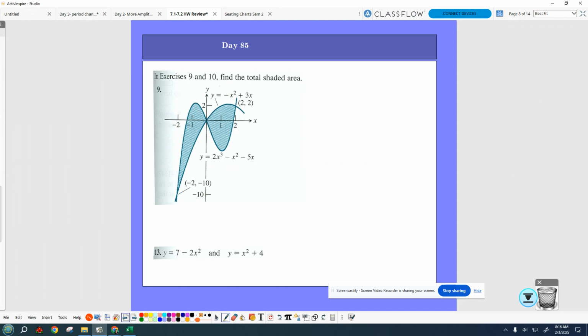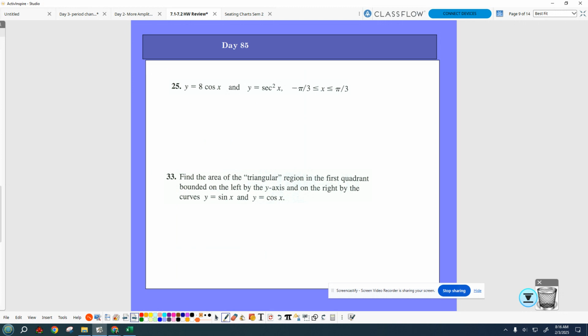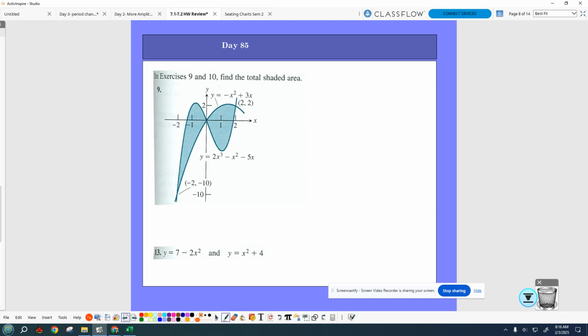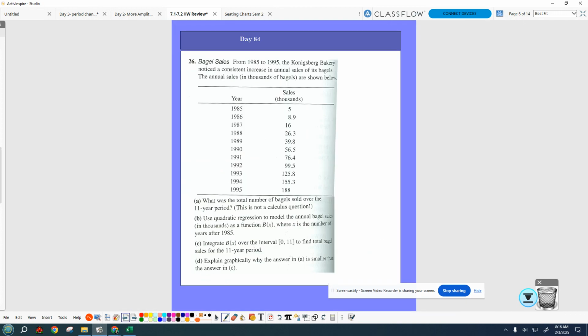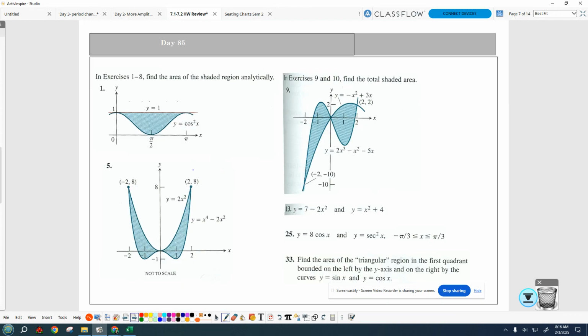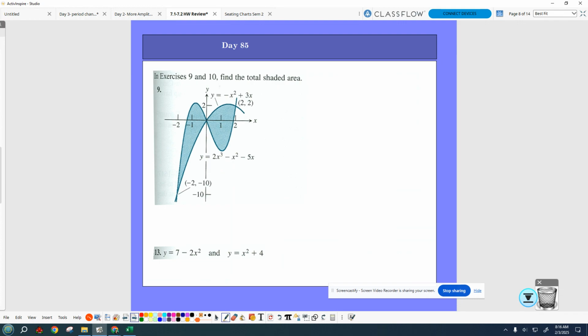This one is just tedious, but it's doable. Yes, Amelia. 27 from 85. Okay, I don't have it up here, so it makes me think 27 was not assigned. What is 27?